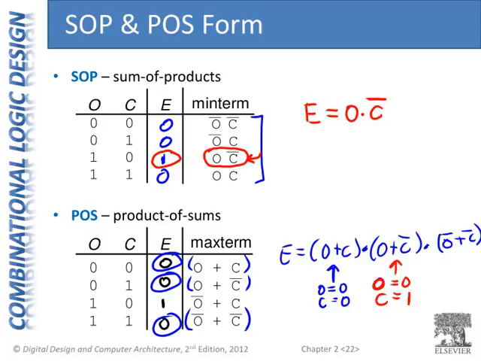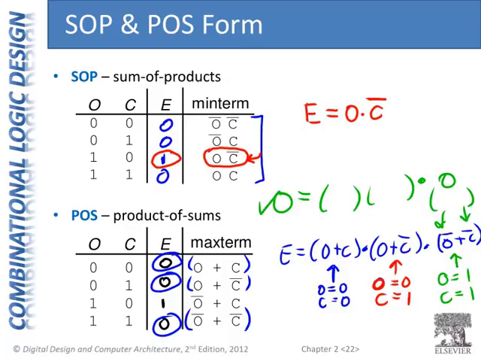And the last term is going to force our output E to 0 in the O equals 1, C equals 1 case. We're going to get O bar or O bar. That entire term is going to evaluate to 0. We're going to get 0 and anything is going to force our output E to 0.